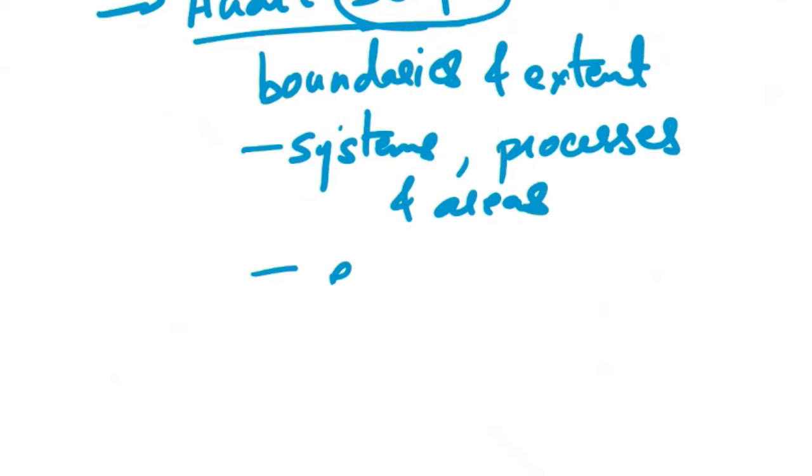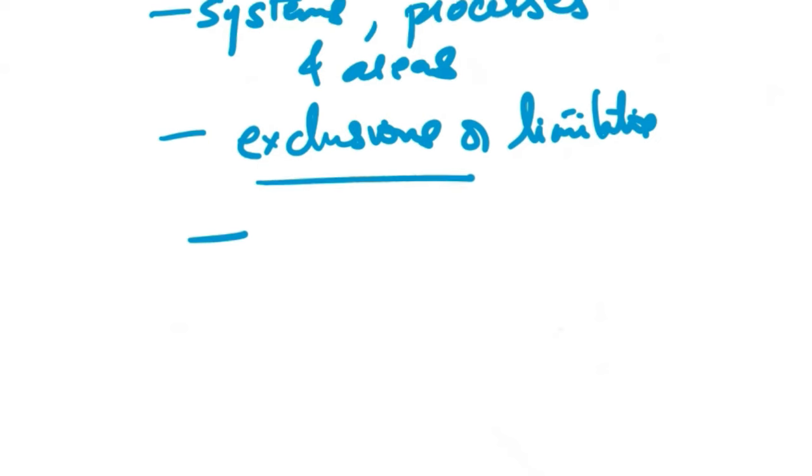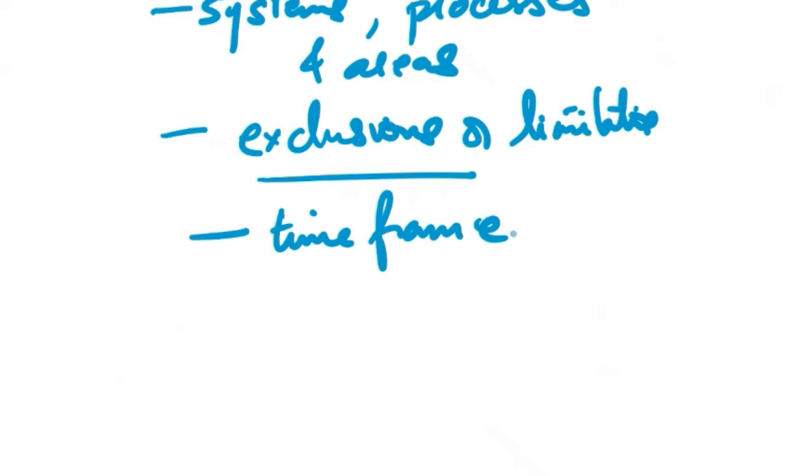Next, any exclusions or limitations that will not be covered in the audit. These exclusions could be specific departments, locations, servers, or technologies. Next, you could specify the time frame of the audit, including the period under review and the duration of the audit engagement.